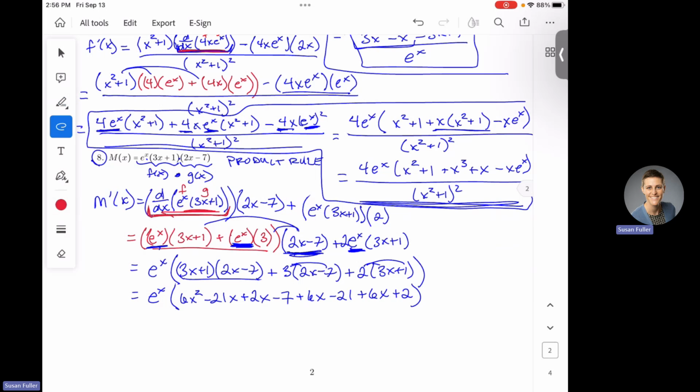All of my distribution. And then from there, I'm going to look for like terms. So I've got x's and x's and x's and x's. Negative 21 plus 2 is negative 19. Plus 6 is negative 13. Plus another 6 is negative 7. So that's going to give me a negative 7x.